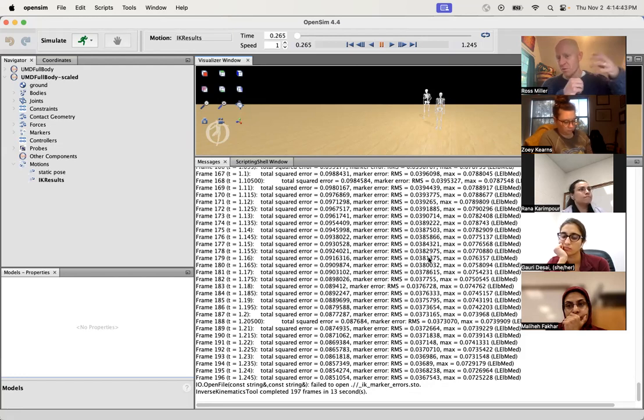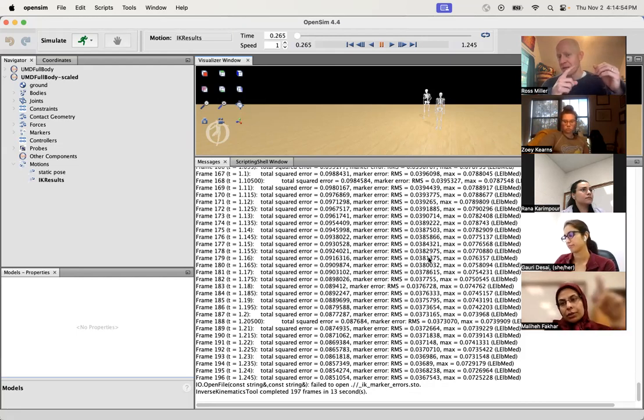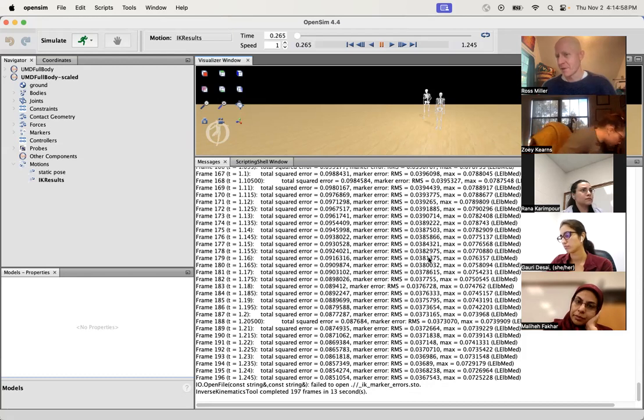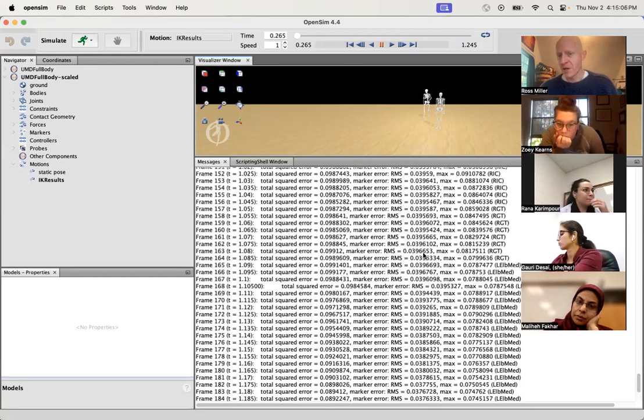Do you guys know that term, RMS, root mean squared? Some of you probably do, some of you don't. You take all the errors, you square them, you average them, you take the square root of that. That's the root mean square. So you can think of it as the average deviation of the markers from the data. And it has one of those for each frame here.